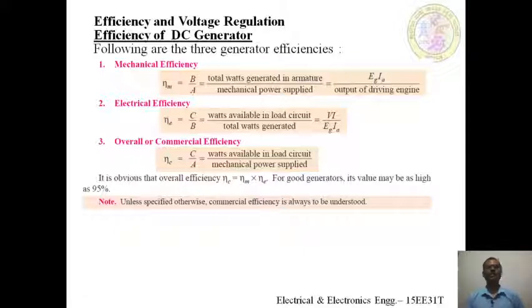Even in problems, if you are asked to calculate mechanical efficiency, then you have to calculate that. If you are asked to calculate electrical efficiency, then you have to calculate that. Unless otherwise mentioned, the efficiency of the generator means overall or commercial efficiency. This is the commonly used terminology for efficiency.